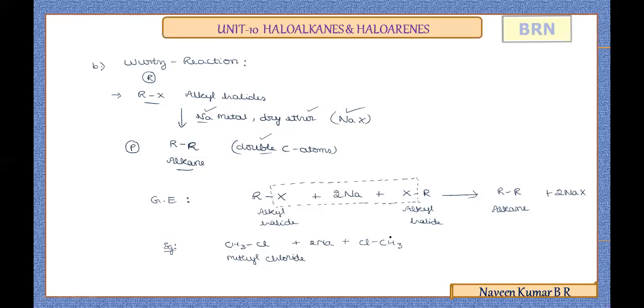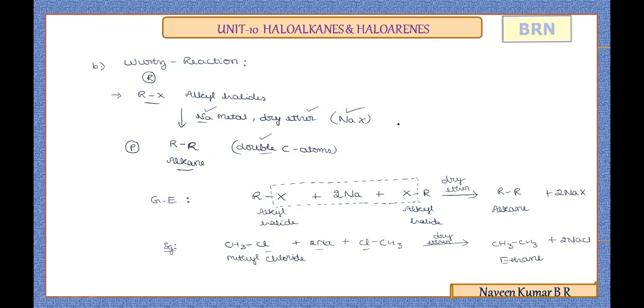And methyl chloride is treated with sodium metal in presence of dry ether. The sodium will accept the halogens and will form sodium chloride here. And the 2 methyl groups will be bonded to form the respective alkane as ethane. As a simple example I have taken, so the methyl group you are going to see as ethane. So the product obtained shows double the number of carbon atoms in the product form.